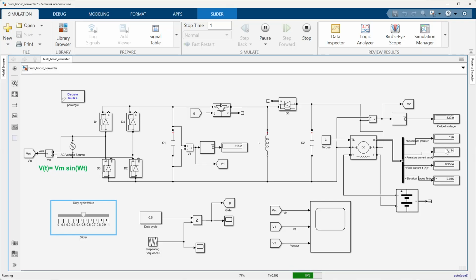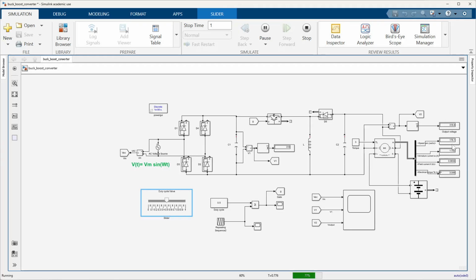Now while we increase the duty cycle gradually from 0 to 1, the speed should increase. At 0.3 the motor speed was 70, so at 0.5 the motor speed has increased.